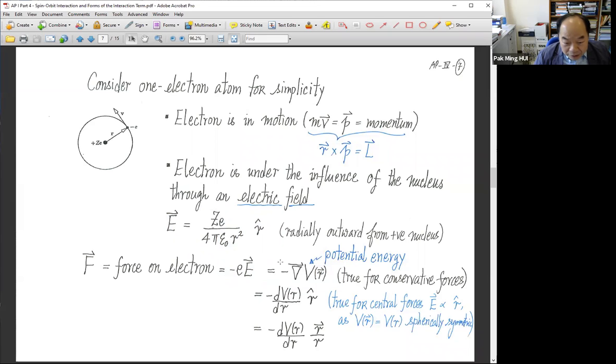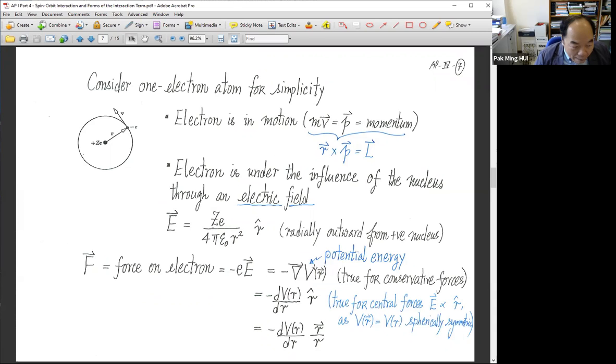So this minus sign actually comes with this force. Force is minus the gradient of potential energy. It is not the potential, it is the potential energy. The potential goes with the field. This is the force, so this is the potential energy. And this is true for a conservative force.